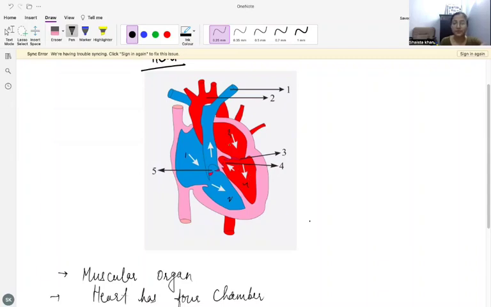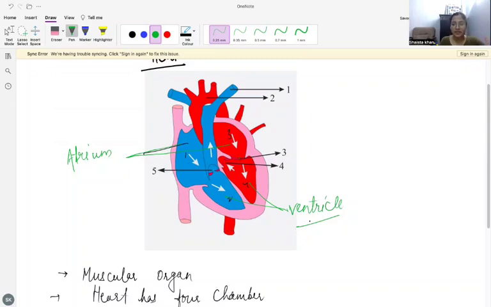The upper two chambers, this chamber and this chamber, are known as atrium. And the lower two chambers are known as ventricle.